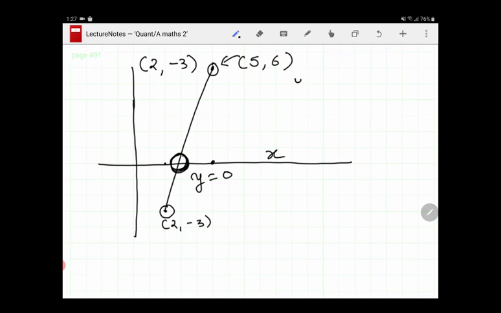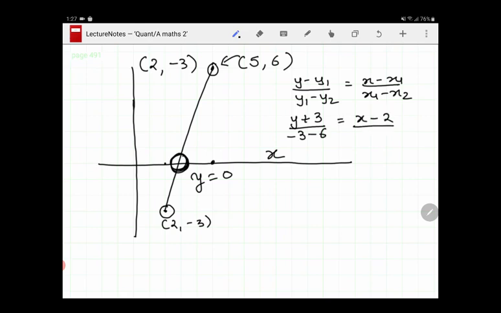The equation is (y - y1)/(y1 - y2) = (x - x1)/(x1 - x2). So let's take the equation: y minus y1 is y plus 3 upon y1 minus y2 is equal to x minus x1 upon x1 minus x2.